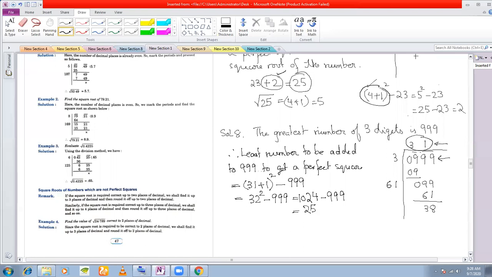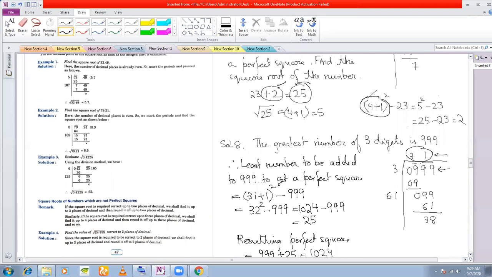So what number must be added to 999 to get a perfect square? 25. What is the resulting perfect square? The resulting perfect square is 999 plus 25, 1024.